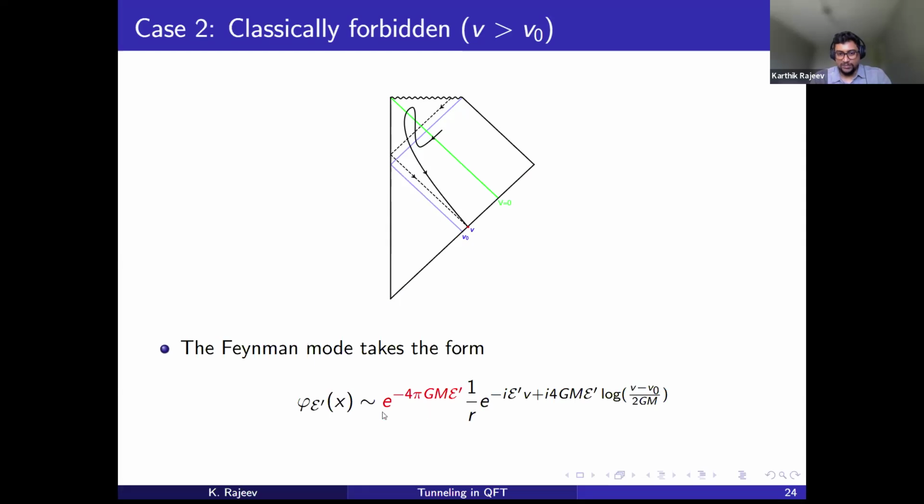So it is just the branch cut from the boundary term that this time gives you this exponential factor. But you see that this worldline itself is still real. You get the complex value for the action because the worldline itself crosses the horizon.